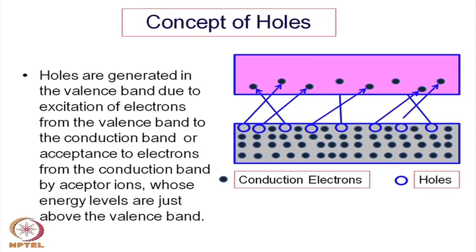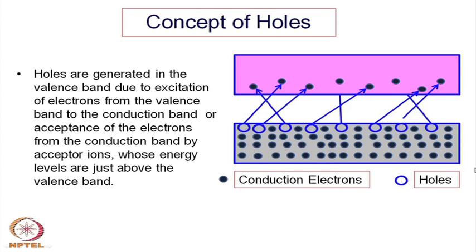But when we talk about band gaps, another concept comes in, the concept of holes. The holes are generated in the valency band due to excitation of the electrons from the valency band to the conduction band, or acceptance of the electrons from the conduction band by the acceptor ions.